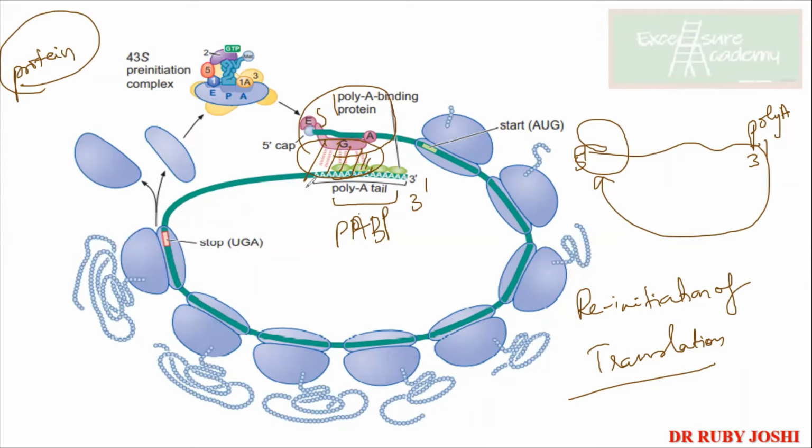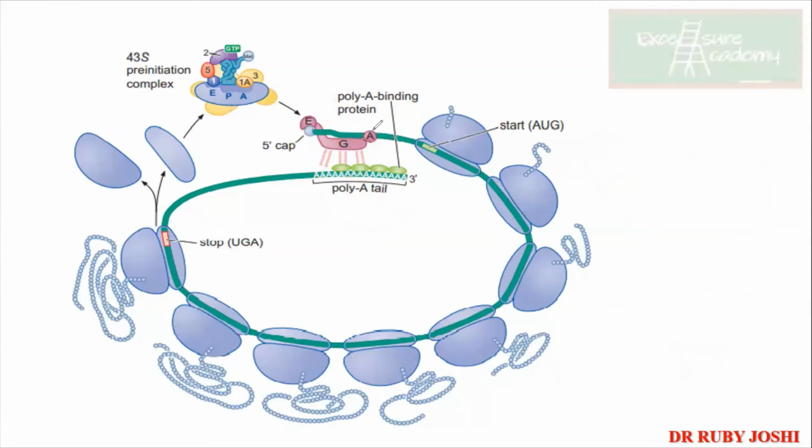The moment it is going to stop, if this is kept near, what can happen then? Immediately the ribosomes will come and bind over here and they are going to start the translation. Okay, so for the reinitiation of the translation, if you keep the mRNA in the circle, it enhances overexpression of the proteins, or it will make the translation efficiency good. Okay, so I hope by this you will get the point.